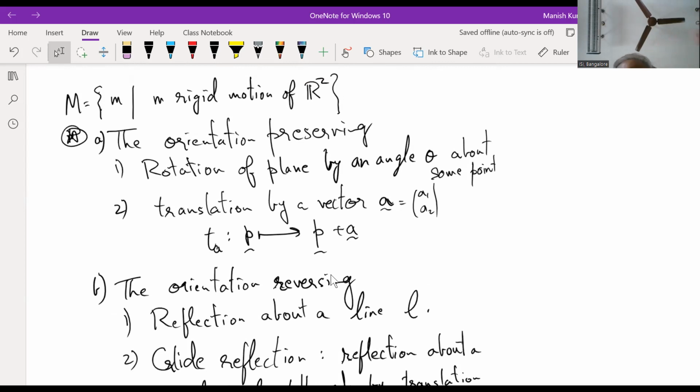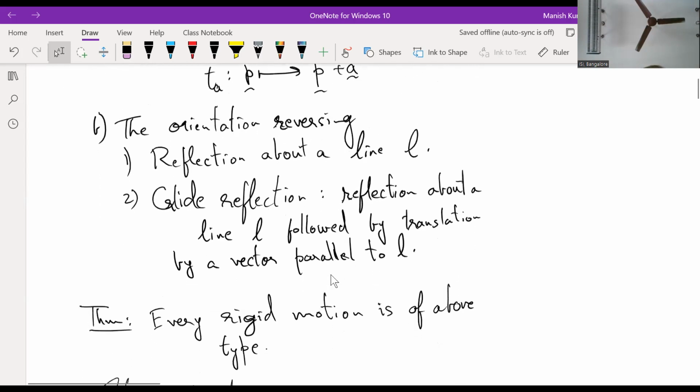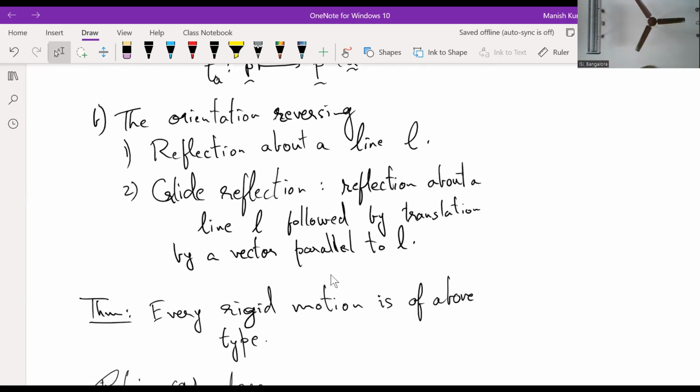If it is not a translation, then one point is fixed, and then it has to be a rotation around that point. So today I'll complete the argument showing that if it is orientation reversing, then it has to be either a reflection about a line or a glide reflection.